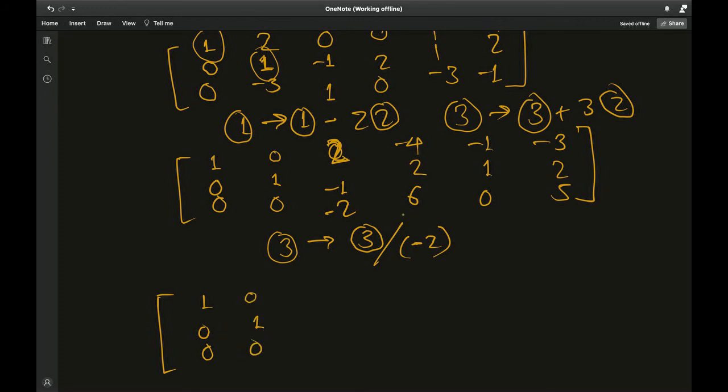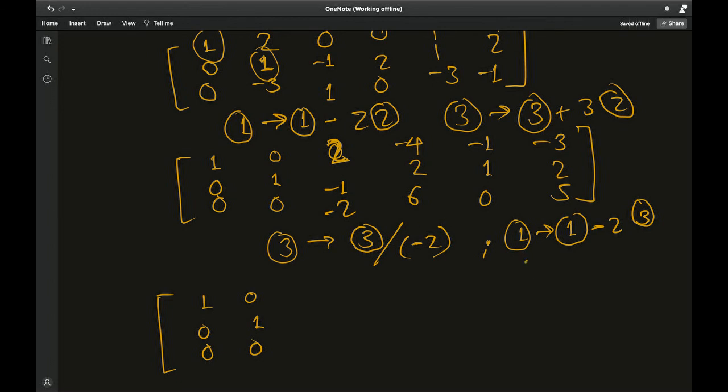Fine, and even after I get a 1 here, I would like to do something extra. I would like to get rid of the negative 1 and the 2. So what I would do is change row 1 to row 1 minus 2 times row 3, and this is after we divide everything by negative 2.